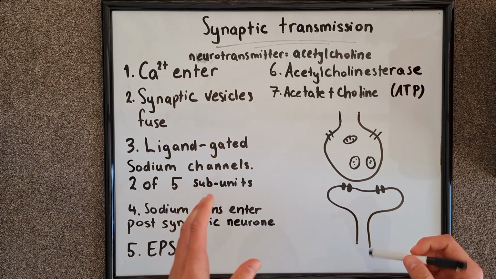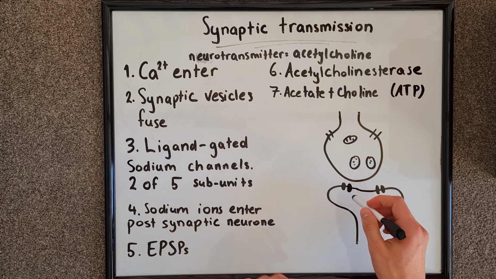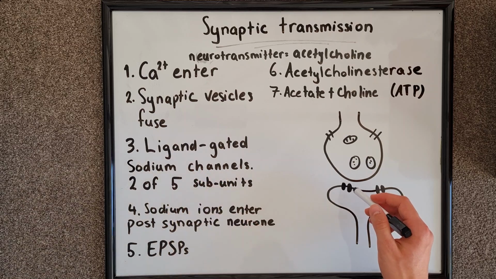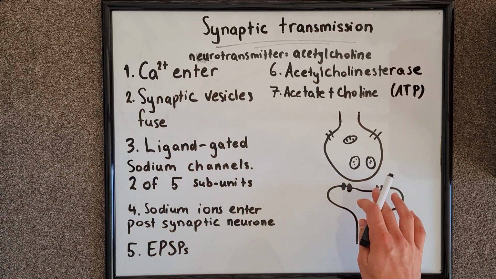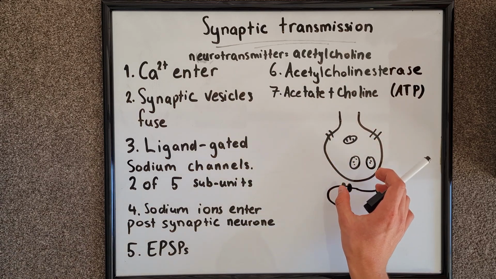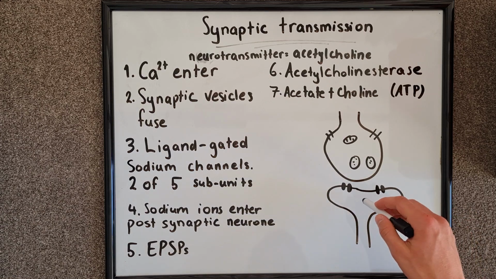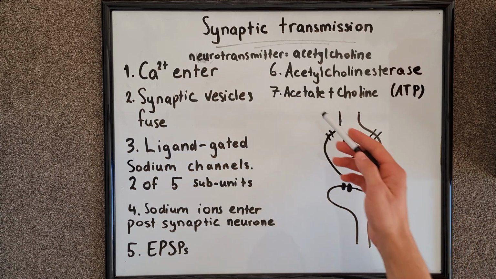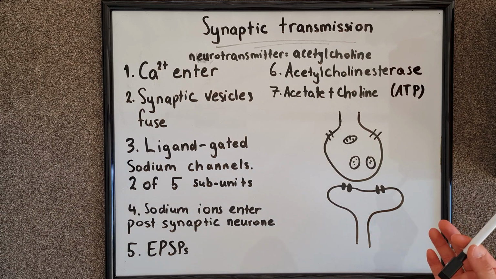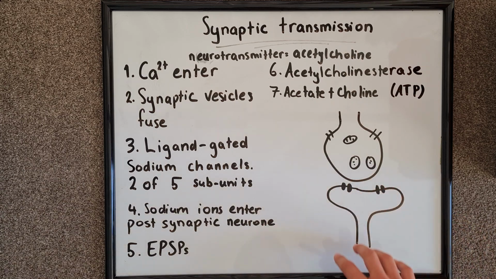The importance of this is so that the ligand-gated sodium channels don't remain open constantly, and they only remain open when there is that nerve impulse coming through in order to continue the action potential in the postsynaptic neuron. Because if the acetylcholine wasn't broken down, then action potentials would be constantly stimulated in that postsynaptic neuron.